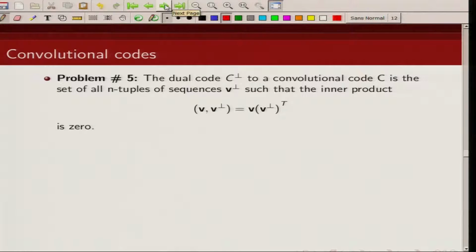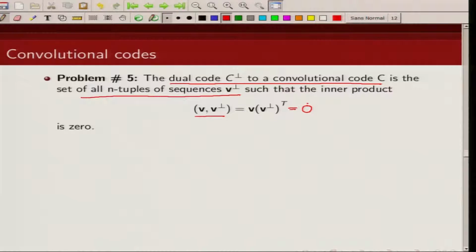Okay. Next. Let us first define a dual of a convolutional code. We define a dual to convolutional code C as the set of all n-tuples of sequences v dual such that the inner product between v and this v dual transpose is essentially 0.